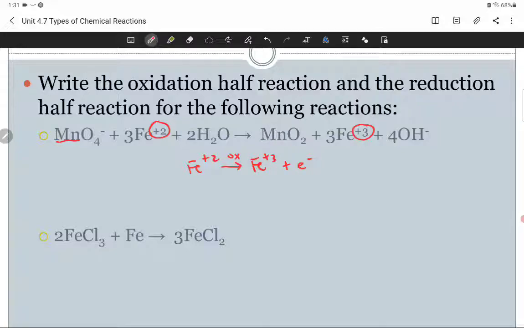So let's erase that. So oxygen is always a -2, almost always. There are 4 of those, so that's a -8. The whole thing has to come out to be a -1. So in this case, manganese would have to be a +7. So I'm just going to put a +7 here.